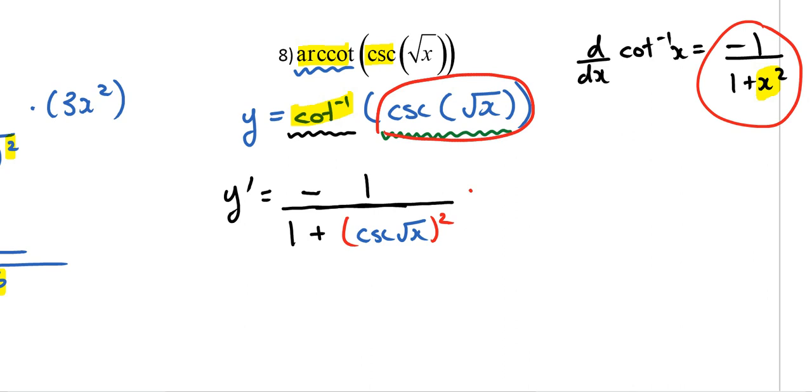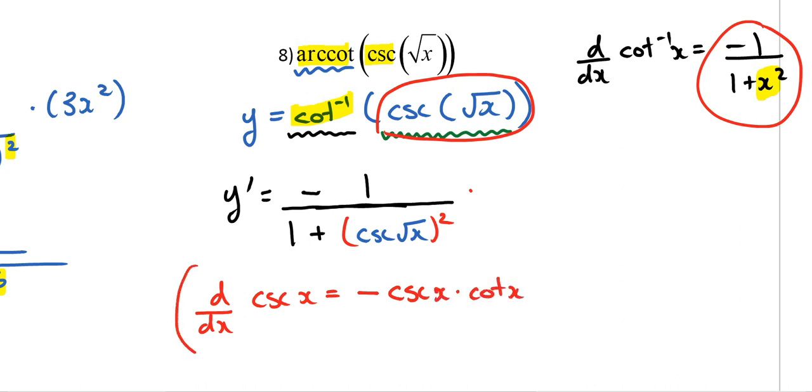So the derivative of cosecant root x, going back to your reference sheet, let me just write the derivative of cosecant x. That's going to be negative cosecant x times cot x.